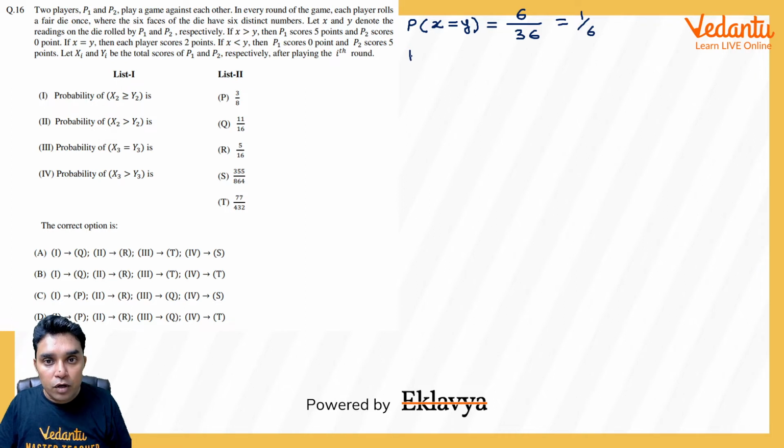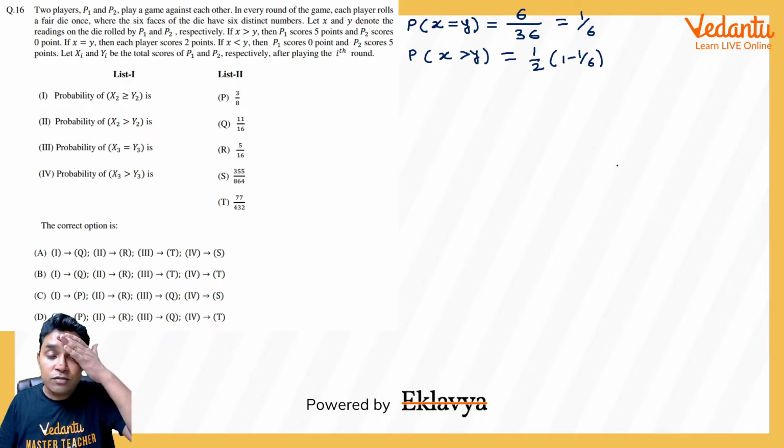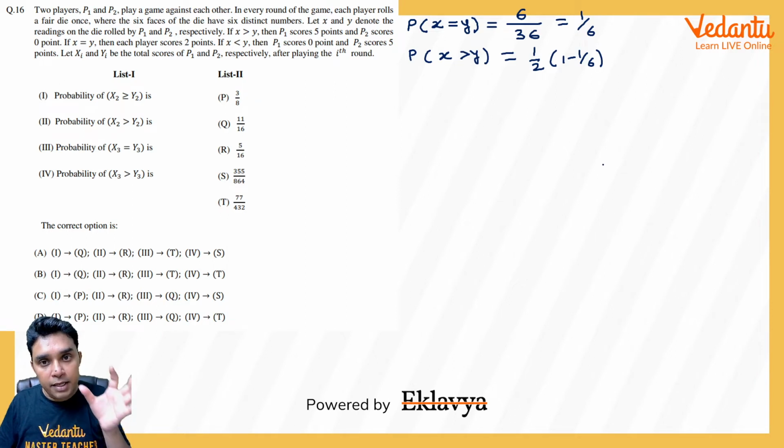Now, what will be the probability that X is greater than Y? I think there are two ways of doing it. You can do it by writing half into 1 minus 1 by 6. Because 1 minus 1 by 6 is the scenario when X is not equal to Y, and in half of those cases X will be greater than Y, and in the other half X will be less than Y. So we get here 5 upon 12.